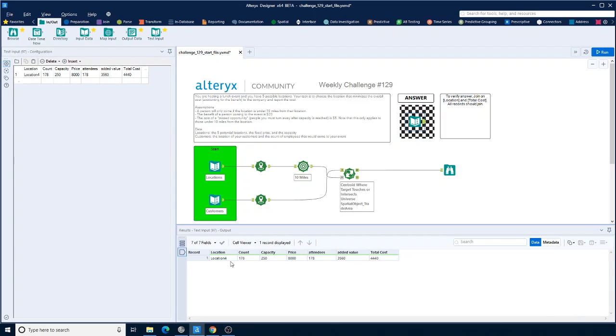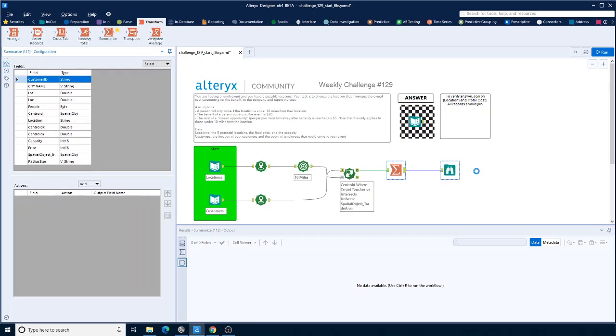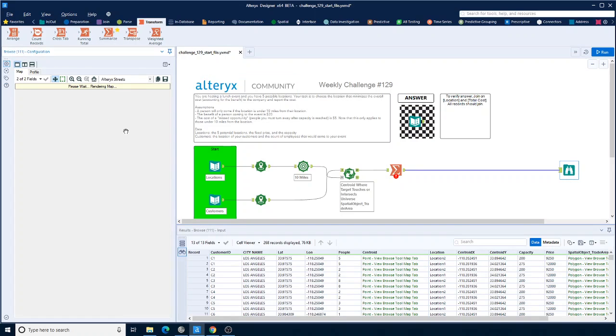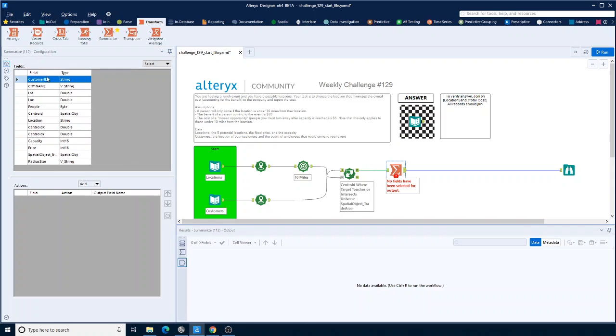Right. Okay, so what we just need to do, I think, is look at the data. We've got the location, the count of people, capacity, price, and then the attendees, because the number of people matches that. Added value, total cost. Okay, so let's summarize this then. Push that out there a bit. Okay, so location we want to group by.